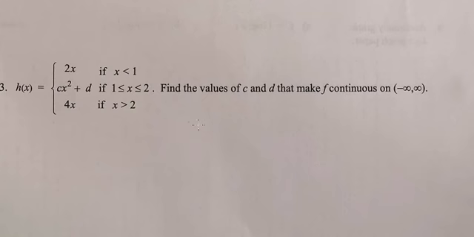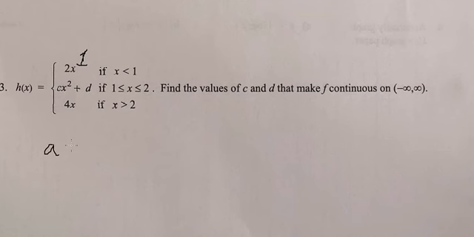Next, question number 3, find the values of c and d that make f continuous from negative infinity to positive infinity. So we put x equal to 1 in here, and we put 1 in here.